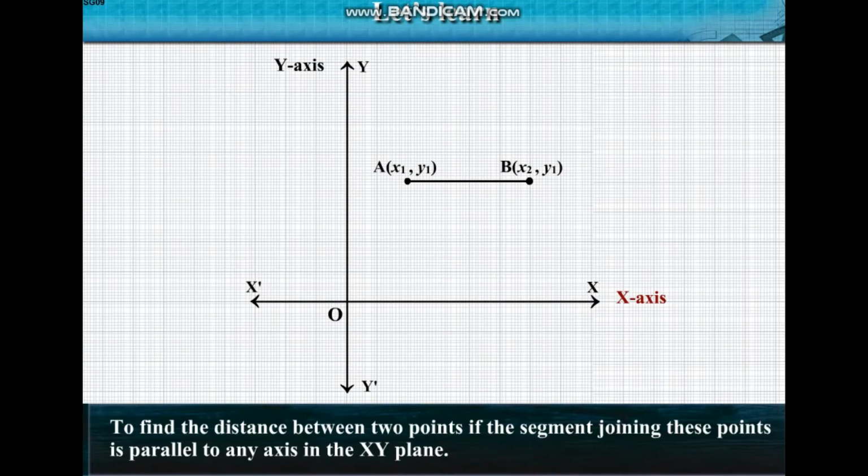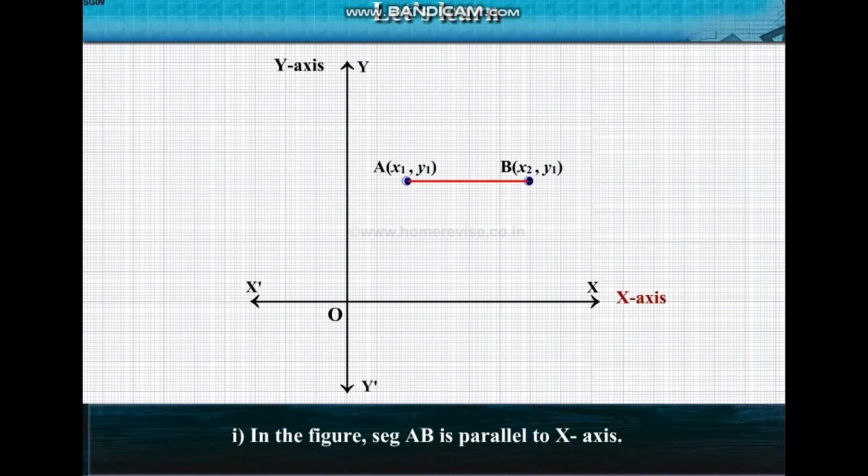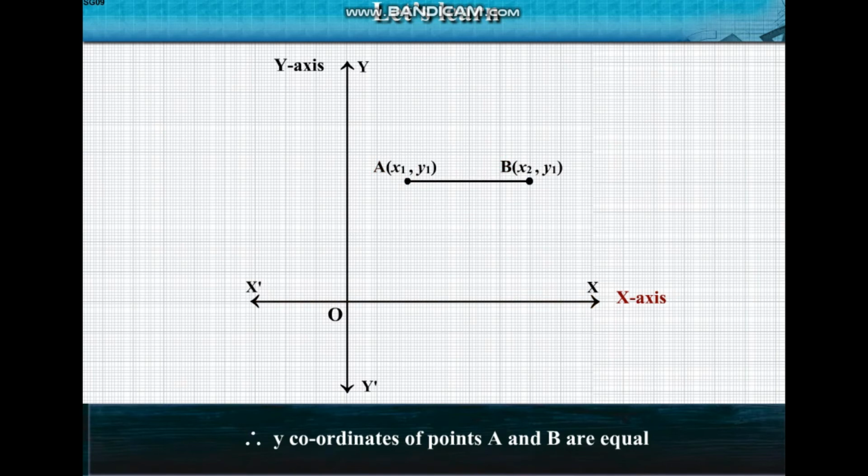To find the distance between 2 points, if the segment joining these points is parallel to any axis in the xy plane. 1. In the figure, segment AB is parallel to the x-axis. Therefore, y-coordinates of points A and B are equal.